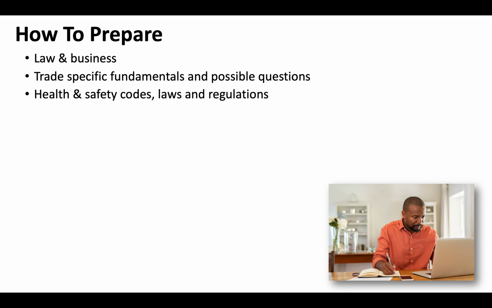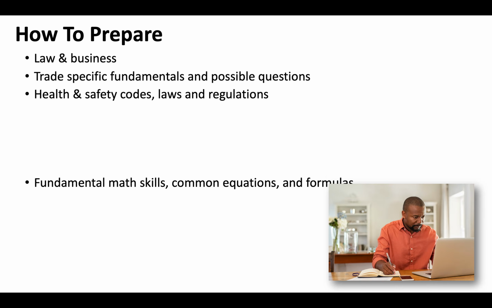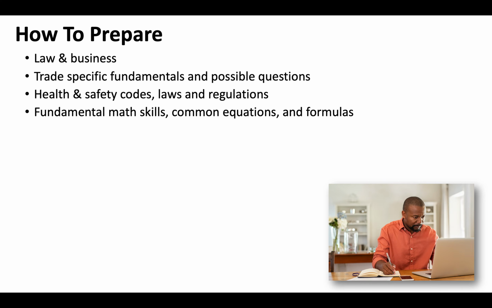As I said before, California health and safety codes are going to be huge. So, California takes job site safety, workers' rights, environmental safety extremely seriously. So it's going to represent a significant portion of your exam. And then obviously your fundamental math skills. Understand your common equations, common formulas, and just have a basic math skill set going into the test.